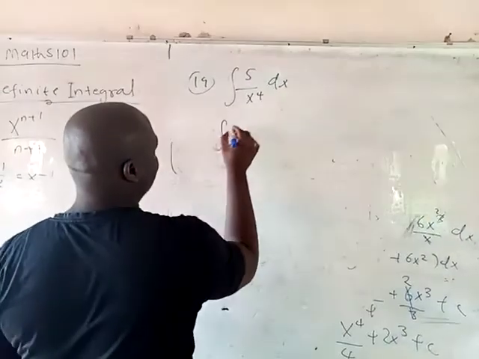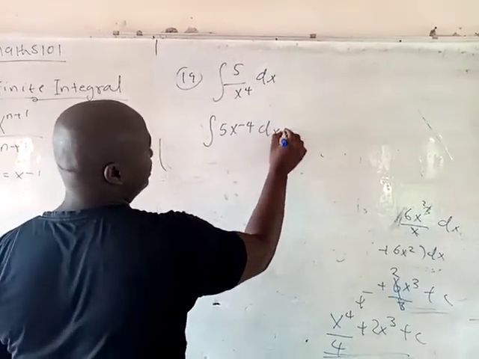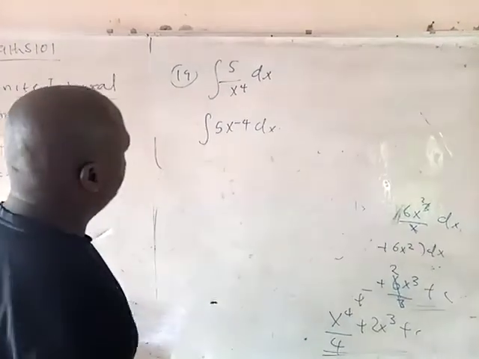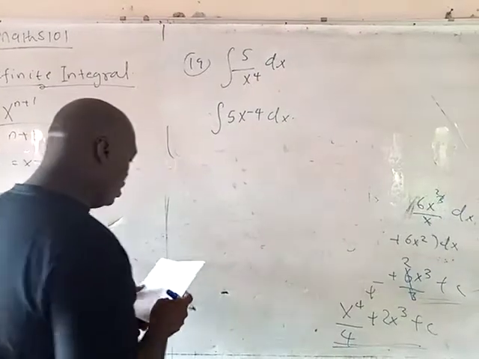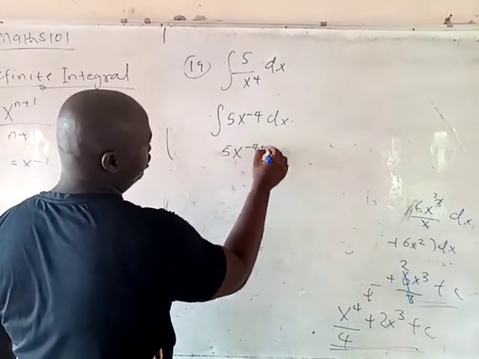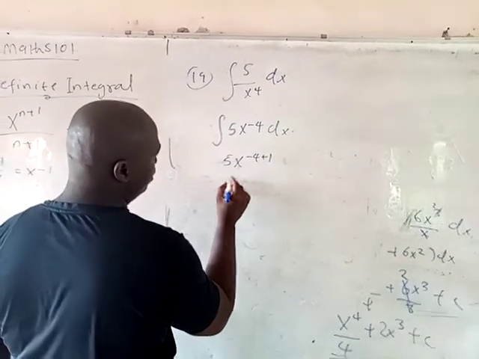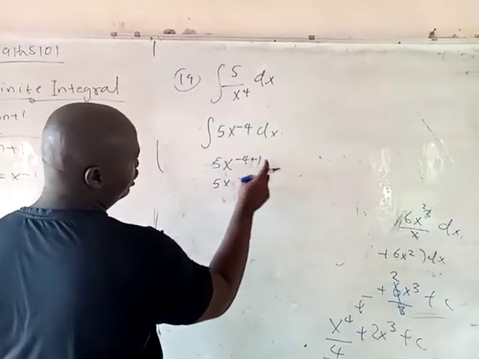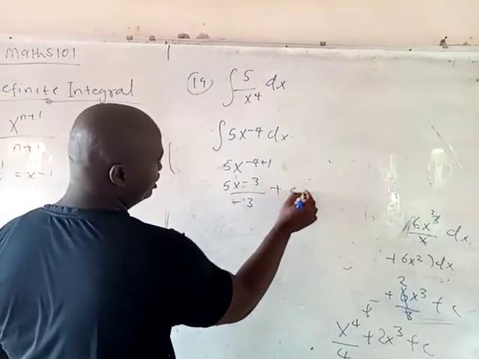So, this is the same thing as 5s raised to the power of minus 4 dx. Right? Good. Now, the next thing is I'm going to add 1 to the power. So you have 5s to the power of minus 4 plus 1, which will give you minus 3, divided by minus 3 plus c.